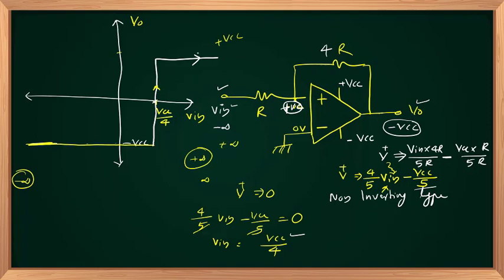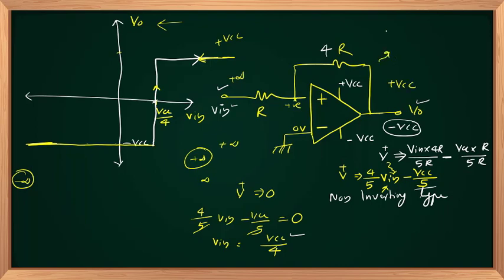If V in is at plus infinity, this voltage will always be positive, greater than 0. So output will stay at plus VCC itself. It's a stable state. Then if you are decreasing your V in from plus infinity to minus infinity, what happens? Right now I have plus VCC here.